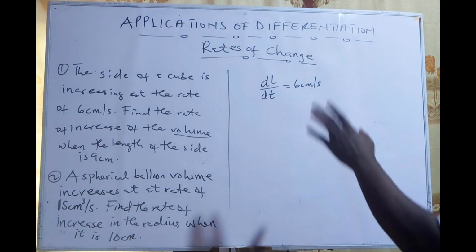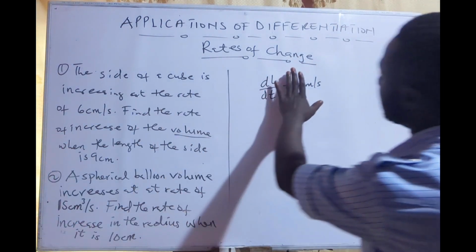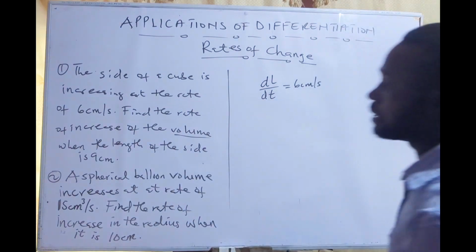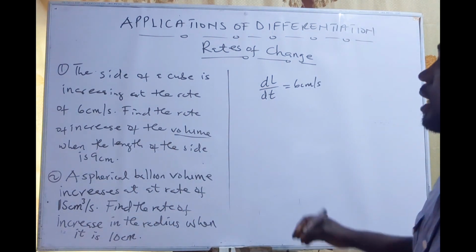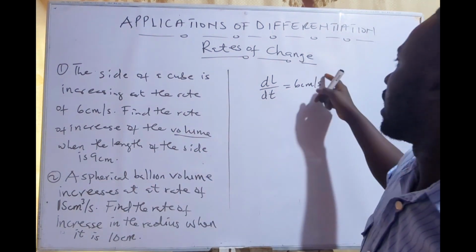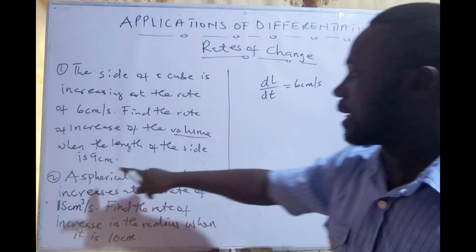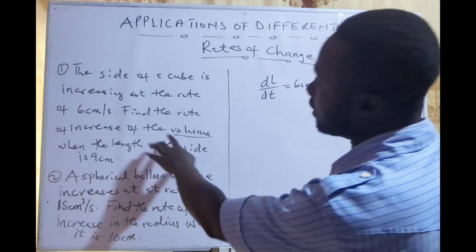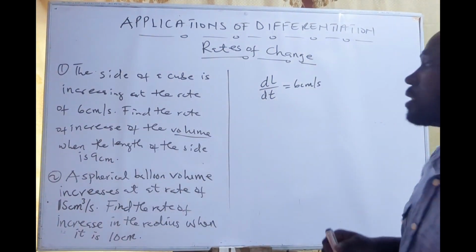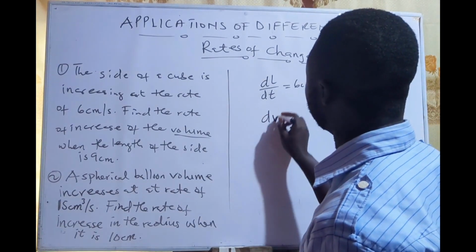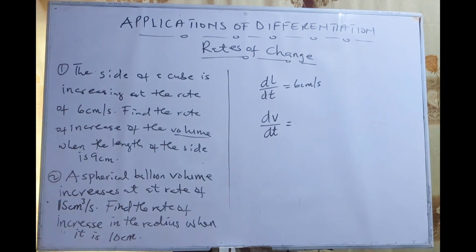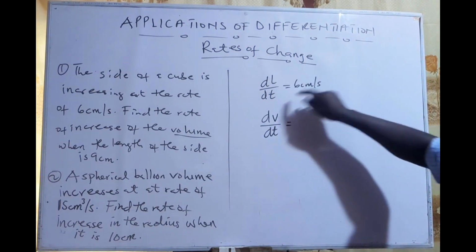But the side is increasing at 6 centimeters per second, and we are finding the corresponding increase in the volume when the length of the side is 9 centimeters. So the rate of increase in the volume with respect to the same time will be dV on dt. I'm doing that because the length increases with respect to time.